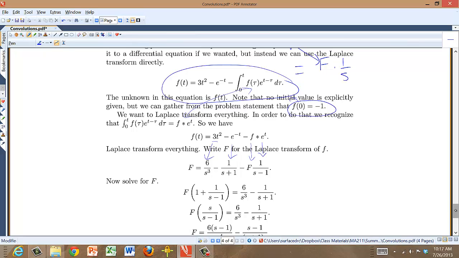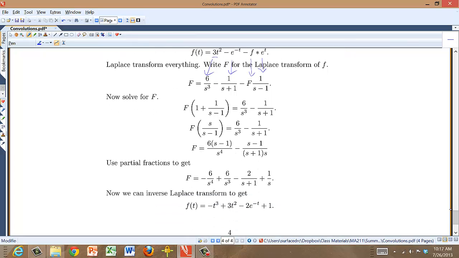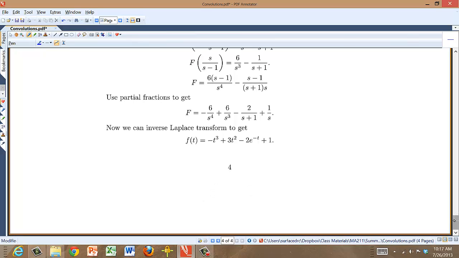So you Laplace transform everything just like always. Solve for capital F like this. And yeah, then just go ahead, use partial fractions like always, and then inverse Laplace transform. And you end up with the solution.